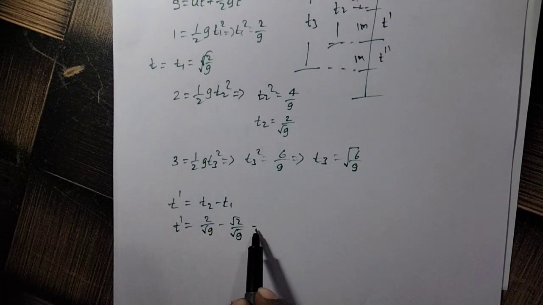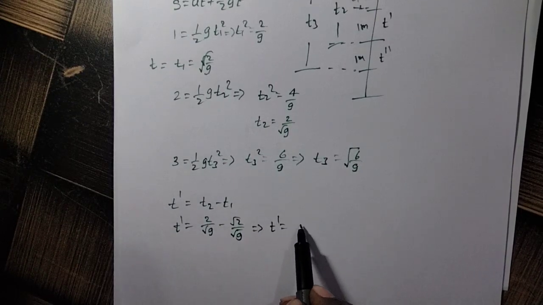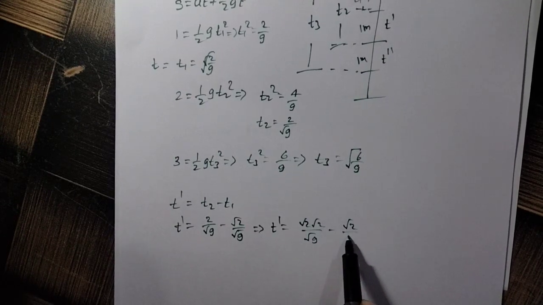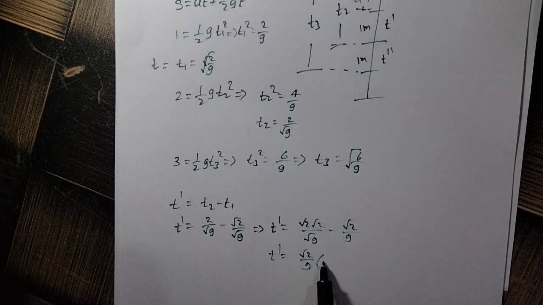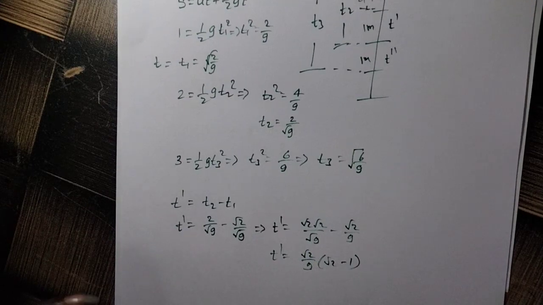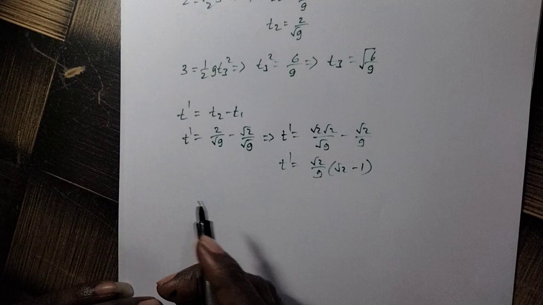So 2 can be written as root 2 into root 2 by root g minus root 2 by root g. Taking root 2 by root g common, t dash equals root 2 by root g into root 2 minus 1. We got t dash.